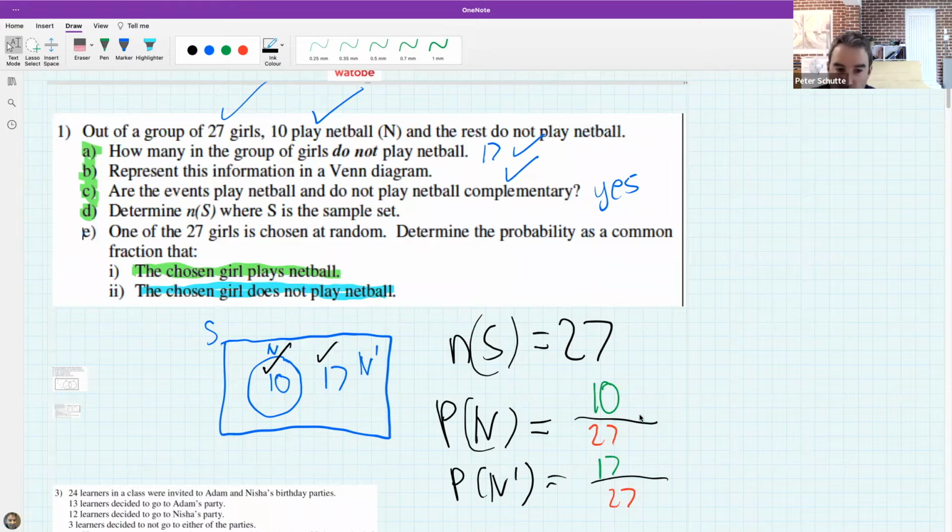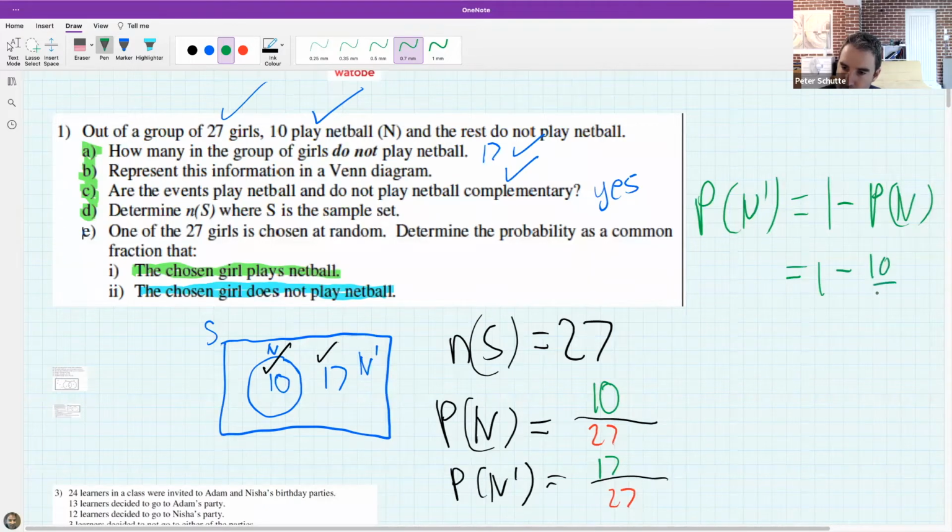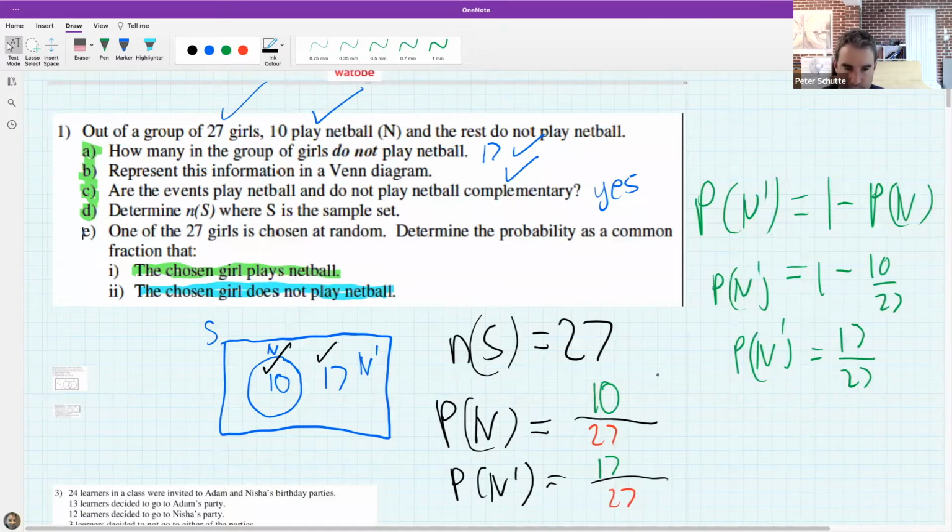So you could have actually found the probability of N dash by just going 1 minus the probability of N. So 1 minus 10 over 27 gives you 17 over 27. Okay.